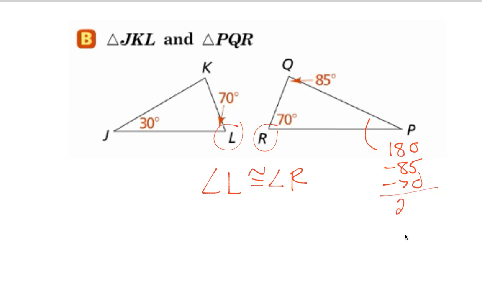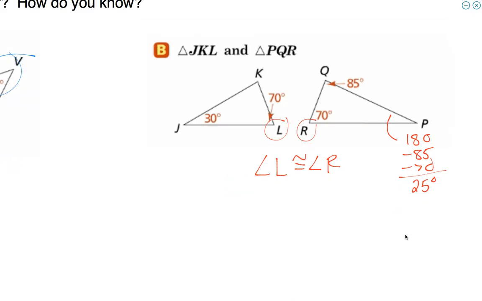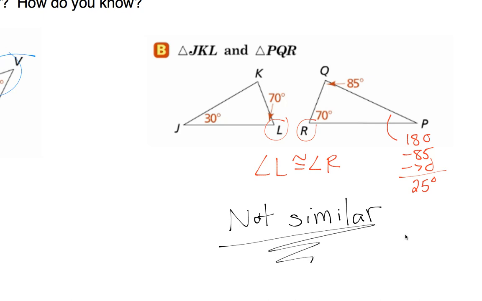We have 25 degrees. I'm just going to double check that. 180 minus 85 minus 70. Yeah, it's 25. We wanted it to be 30. Not similar.